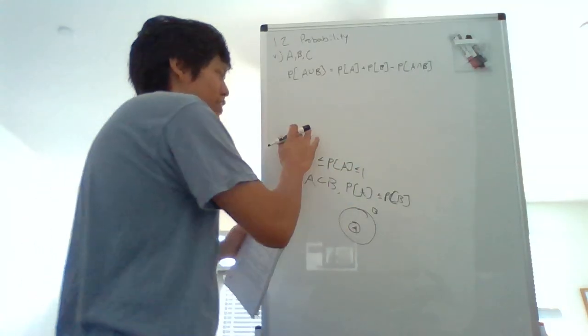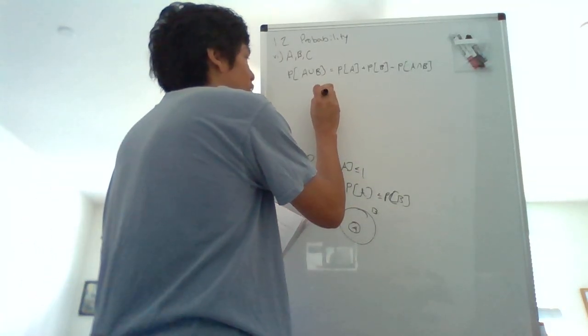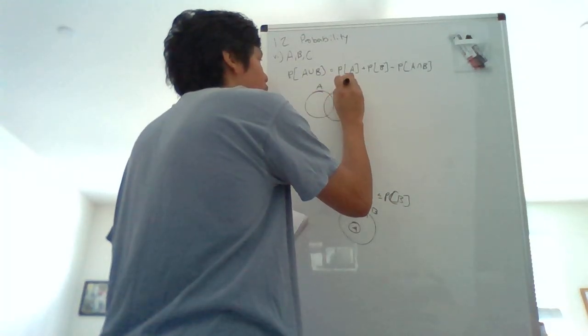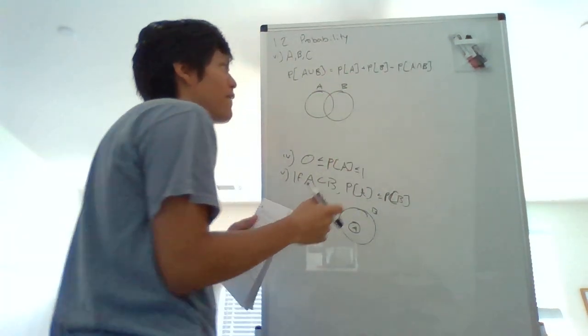Maybe I could actually draw the example here. Let's say we have A here and we have B right here.